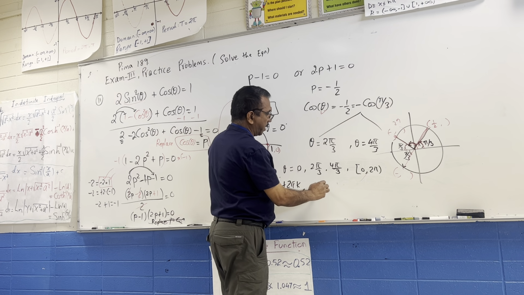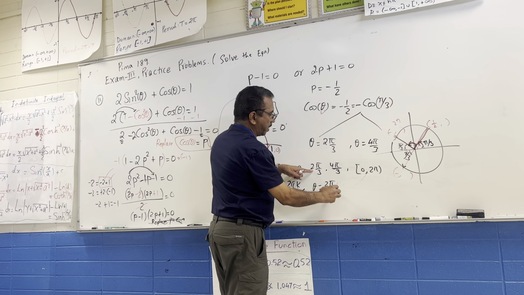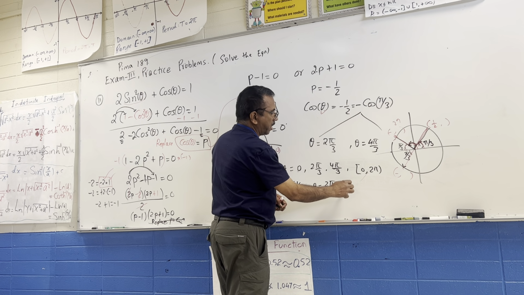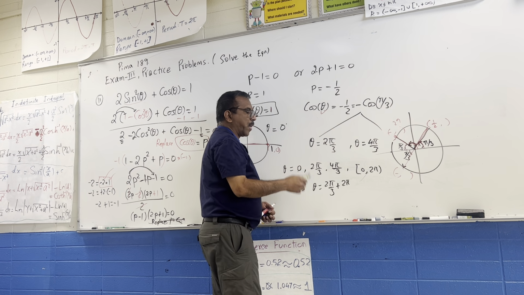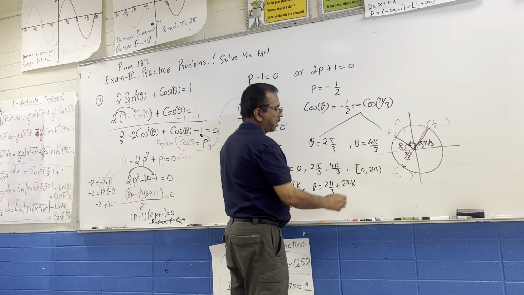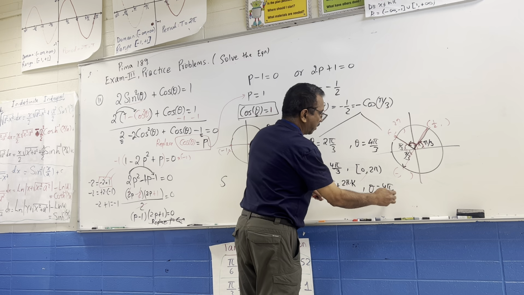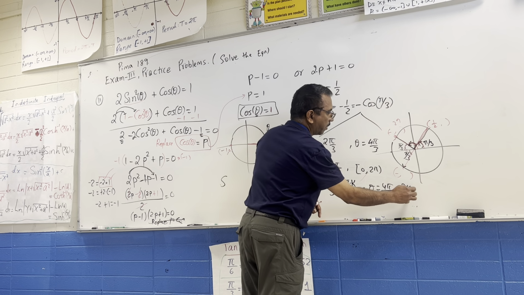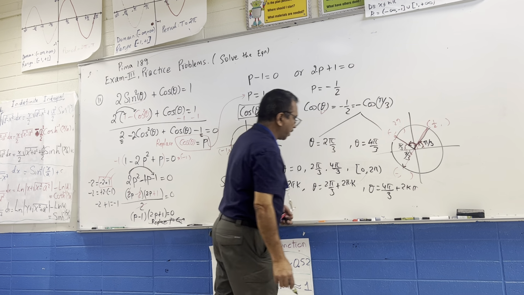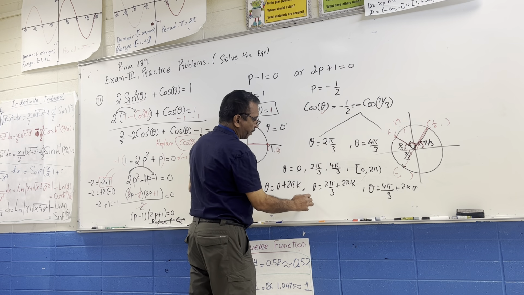The next one is theta equals 2 pi by 3, and every time you add 2 pi, 4 pi, 6 pi, so 2 pi by 3 plus 2k pi. And the last one is 4 pi by 3 plus again 2k pi, where k is an integer.